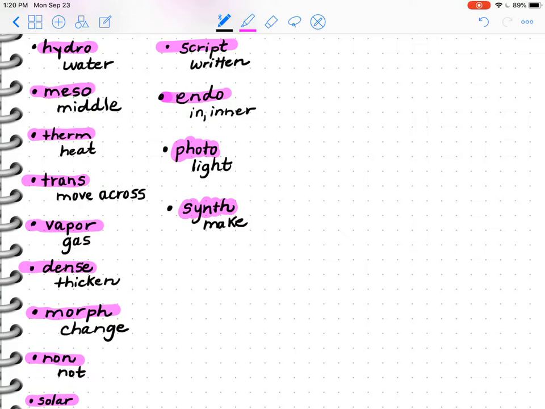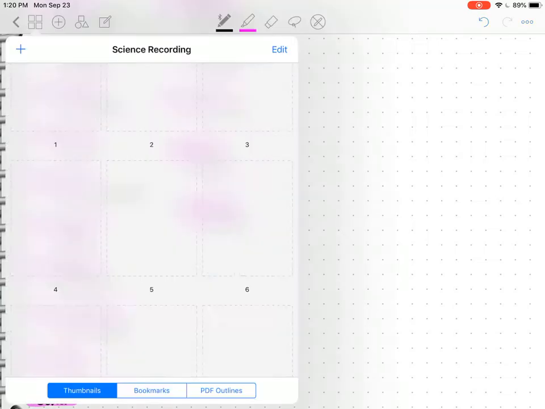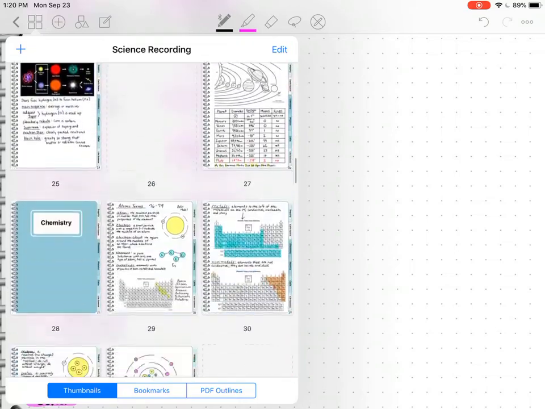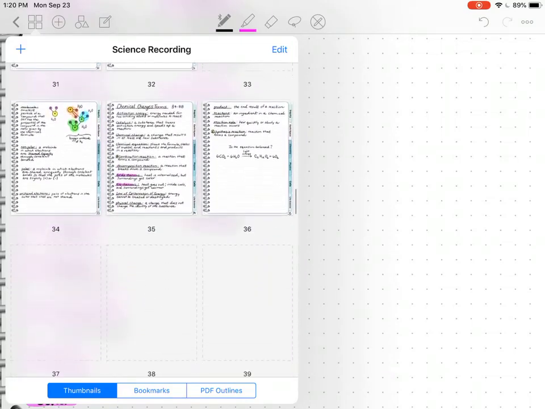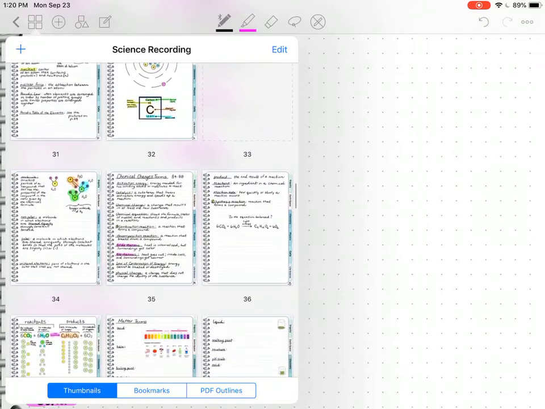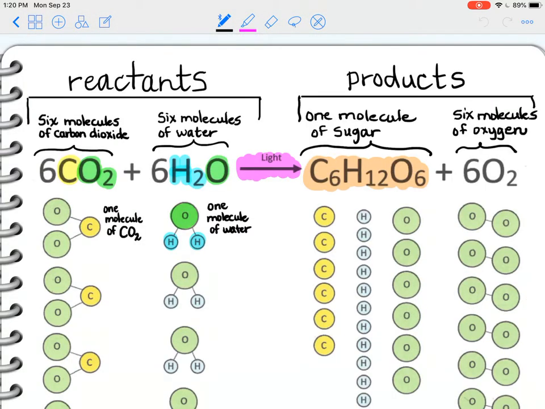So the morphemes are photo and synth. What is happening in this formula is the photosynthesis reaction. And this is how plants make food. So let me go back here and show you. Plants use carbon dioxide and water in the presence of sunlight to make sugar, and they also release oxygen that we need to survive. If you think back to the carbon cycle, when we breathe out, we're releasing this carbon dioxide right there.